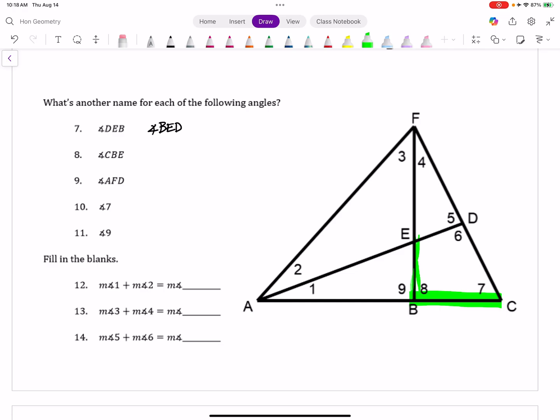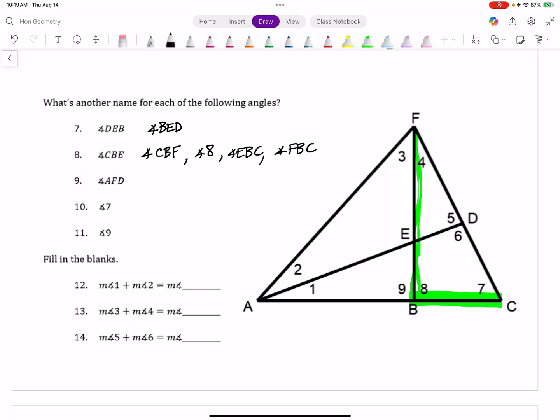All right, well, I could extend it. So one thing I could call it is angle CBF. It's a ray, so, ooh, I could call it angle 8. That'd be the easiest one for everybody to look at. I cannot call it angle B because there's lots going on at angle B. I could call it angle EBC. I could call it angle FBC. But you notice the vertex has to be the one in the middle.